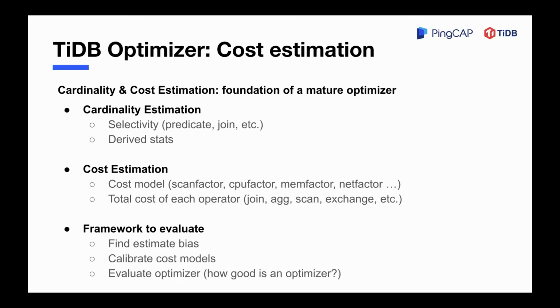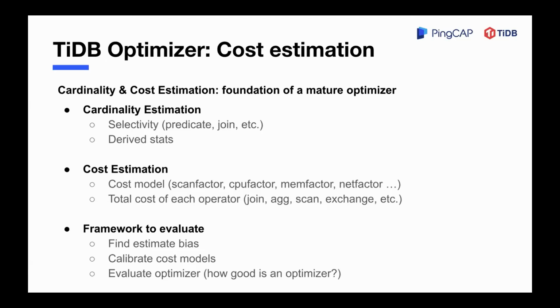And then for the cost, we have our cost model. Here I want to mention that the cost model is very critical too, especially for an HTAP system, because we need to differentiate the TiKV and the TiFlash plans. If you access TiKV or you access TiFlash, the cost can be different. How could you differentiate the cost? The cost model kicks in.